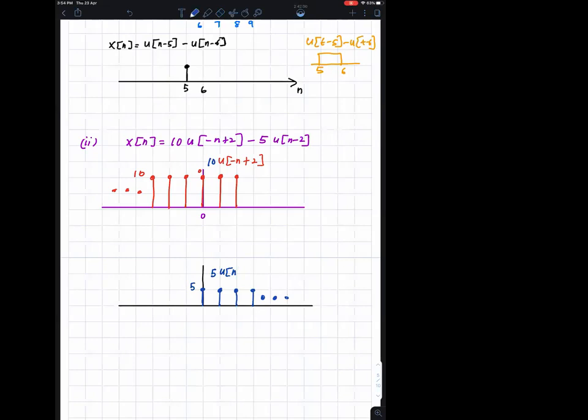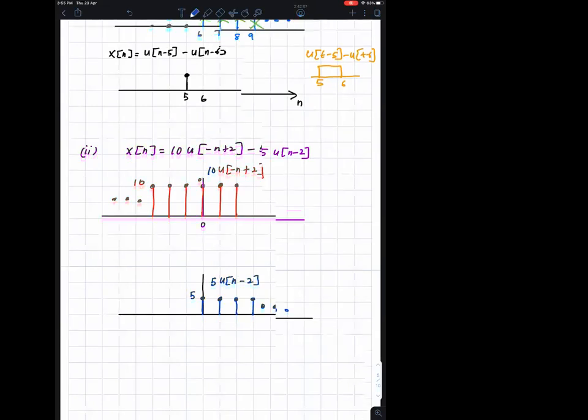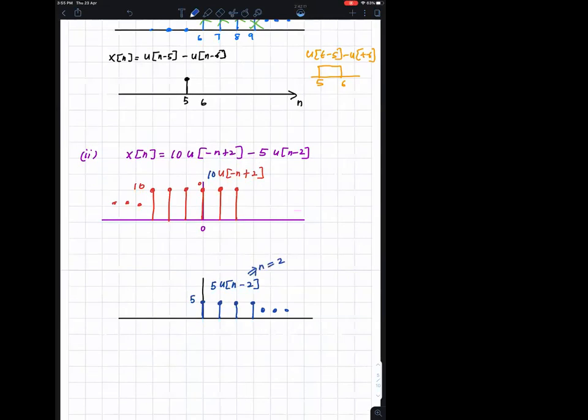If you solve, we're going to give you n equals 2, right? Correct? Over here also. So then you're going to shift the entire thing to the right by 2.